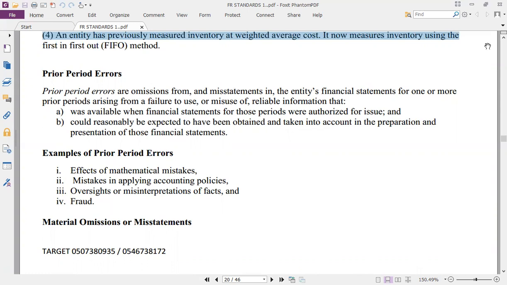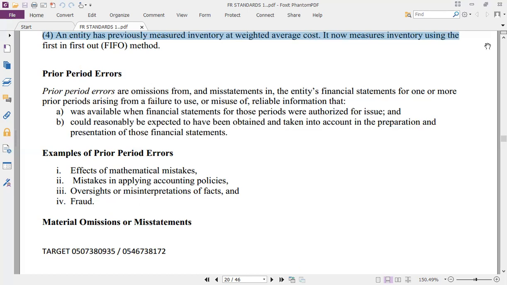In fact, error is what? An unintentional mistake. Good. So the intentional one, that one is what? Fraud. And all of them are inclusive. Yes, they are inclusive. They are being captured in the IAS 8. So basically, that is it.